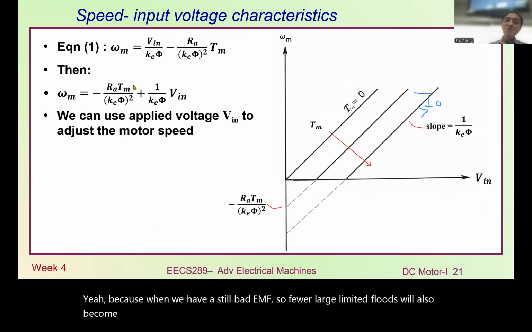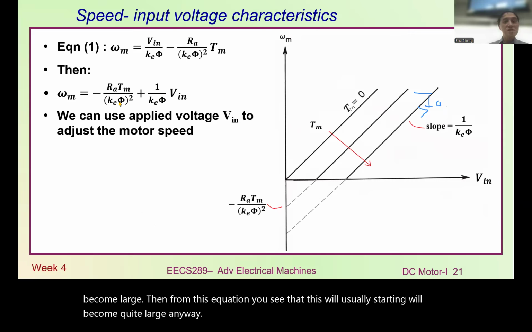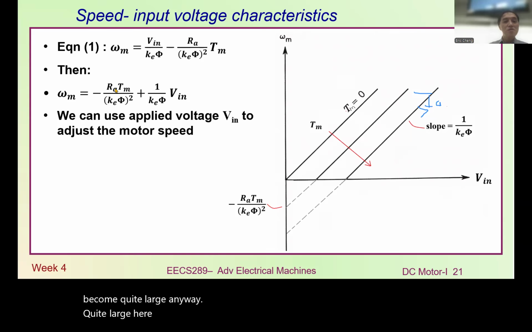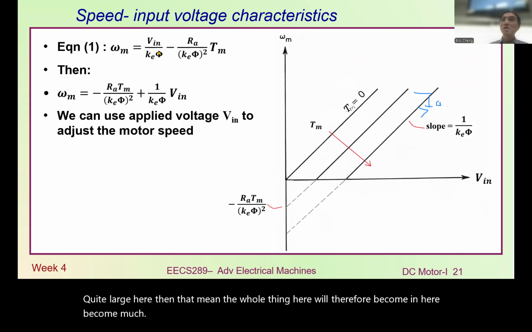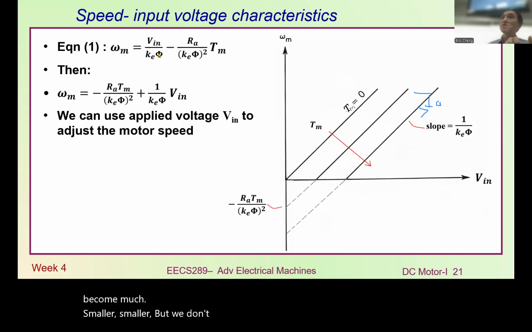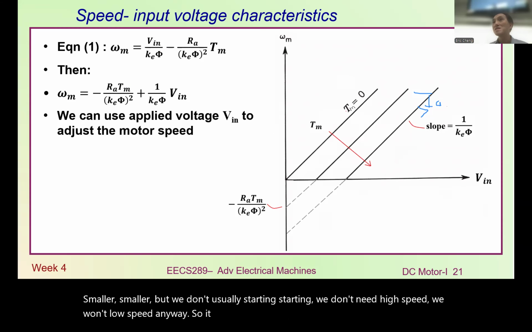Then from this equation, you see that this will become much smaller. But because it's starting, we don't need high speed. We want low speed anyway, so it doesn't bother us.